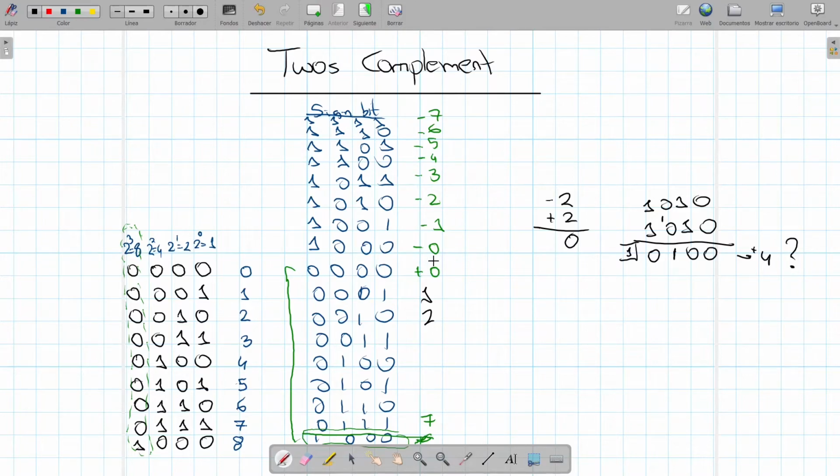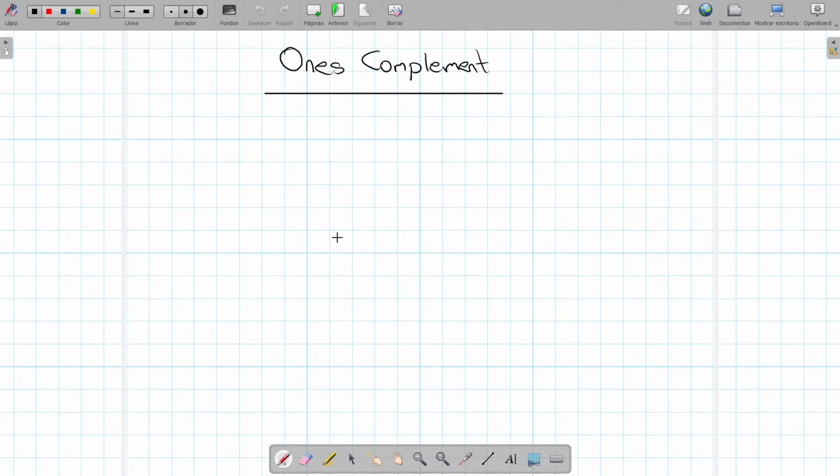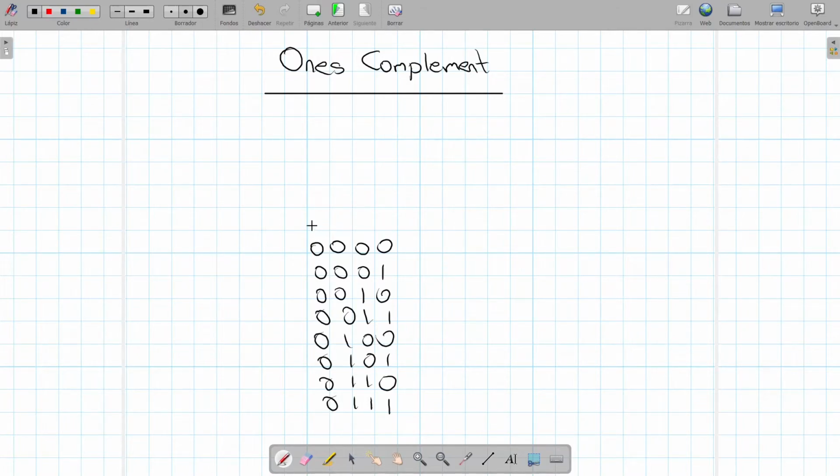Okay, so the next thing that they tried was what is called the 1's complement. In the 1's complement, positive numbers are represented the same. The negative numbers are represented by changing each digit to its opposite.